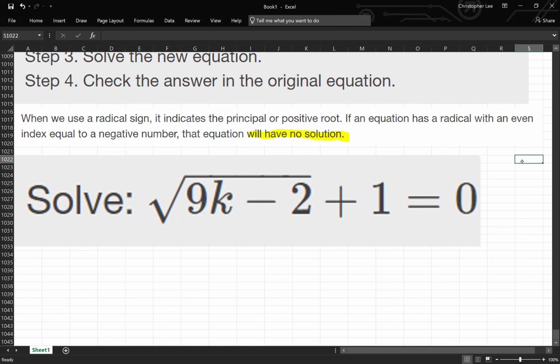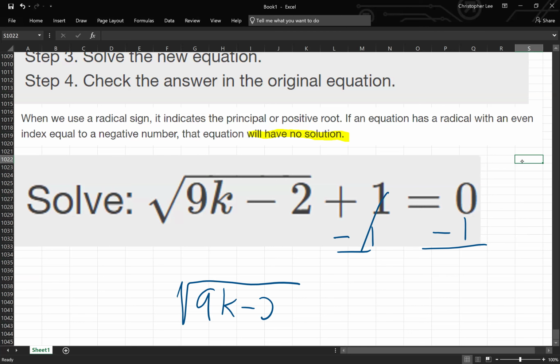Same process, right? I'm going to subtract 1 from both sides, because what I do to one side, I got to do to the other. Now, once I get to this step, 9k minus 2 is equal to negative 1, just the fact that it equals negative 1, I know that there is no solution.